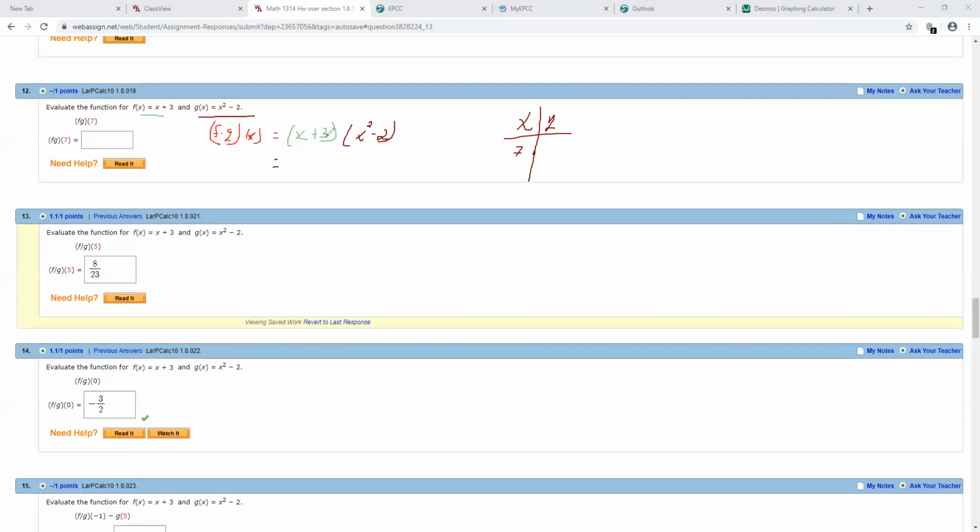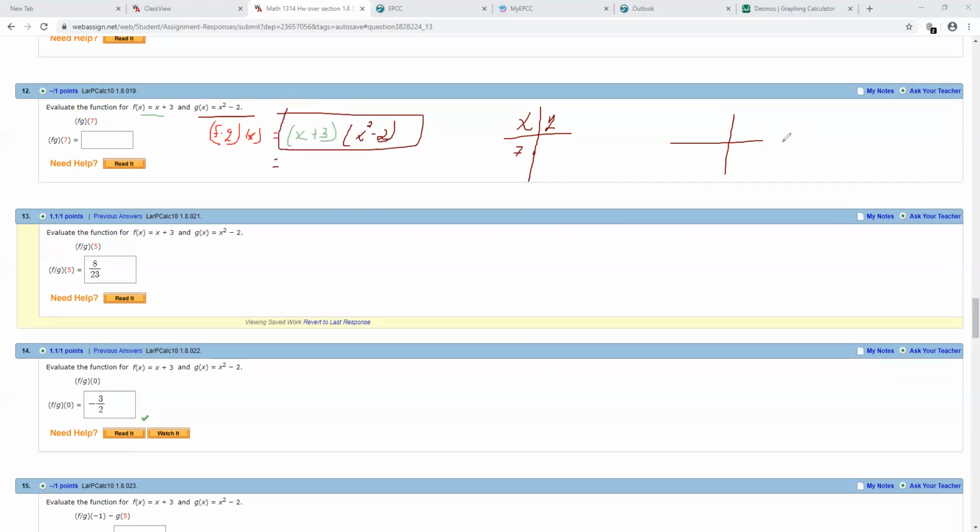By the way, is there any division fraction bar with x's in the denominator, guys? No. So are we ever going to get a division by 0 on this? No, it's impossible, because there's no fraction bar with x on the bottom. So what do you think the domain would be of this new function we just created?